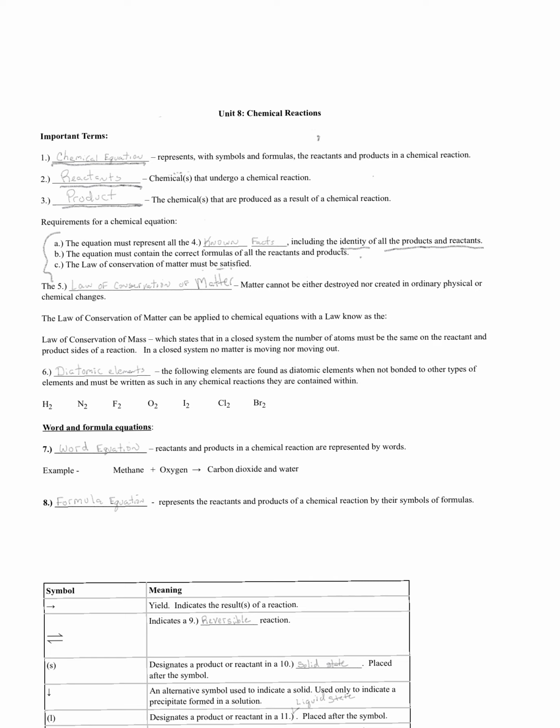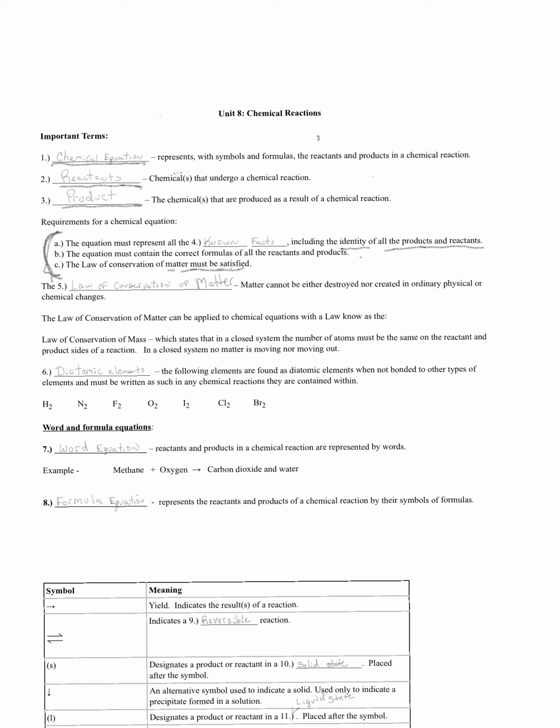The equation must contain the correct formula for all reactants and products. And the law of conservation of matter must be satisfied. These are three important requirements for a properly written chemical equation.